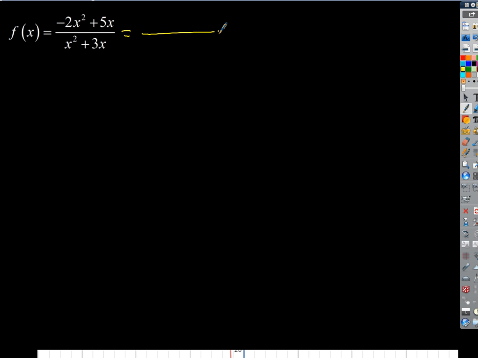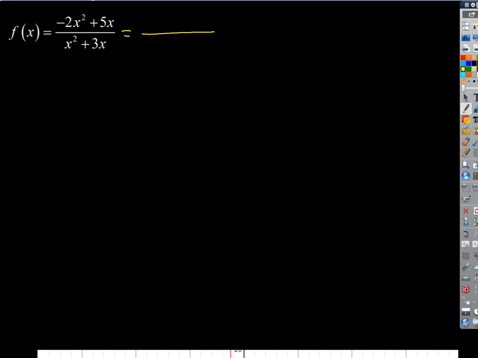We always want to try. Whenever we're factoring any kind of polynomial, remember our first step is we always want to see if we can pull out a greatest common factor. We undistribute something. X. Yeah, we could pull an x out of the top, couldn't we?